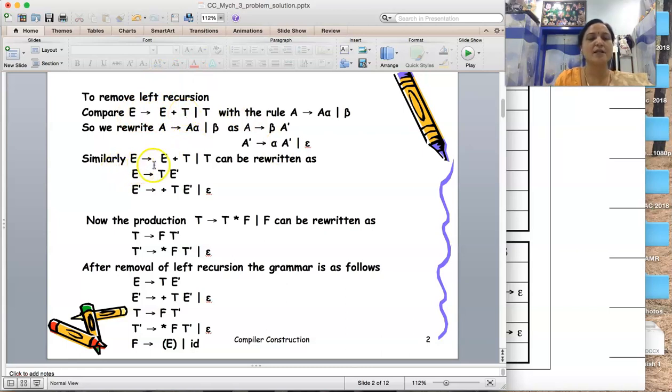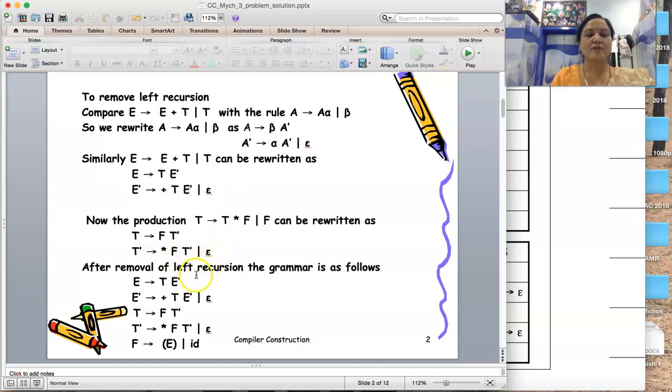The same thing you have to apply on the production E tends to E plus T. So similarly, E tends to E plus T or T can be rewritten as E tends to T E dash, and E dash tends to plus T E dash or epsilon. Now the other production T tends to T into F also has left recursion. So this can be rewritten as T tends to F T dash, and T dash tends to star F T dash or epsilon.